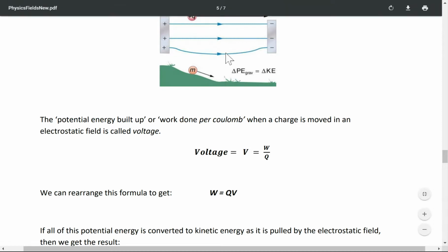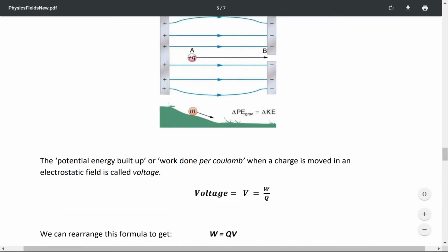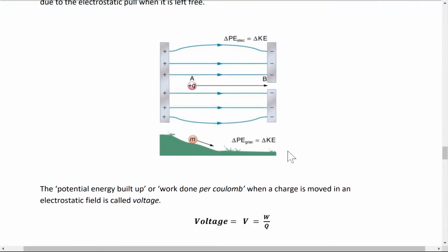So this down here is gravity, and this up here is electric charges. We all know a mass falls, it's pulled by gravity down a hill, for example. It's the same concept here. Here's a charge pulled by a minus here. So there's a massive pull by the minus here.